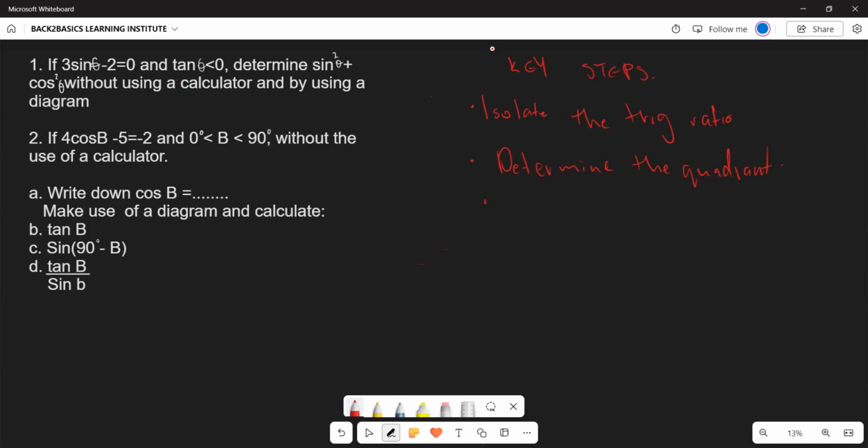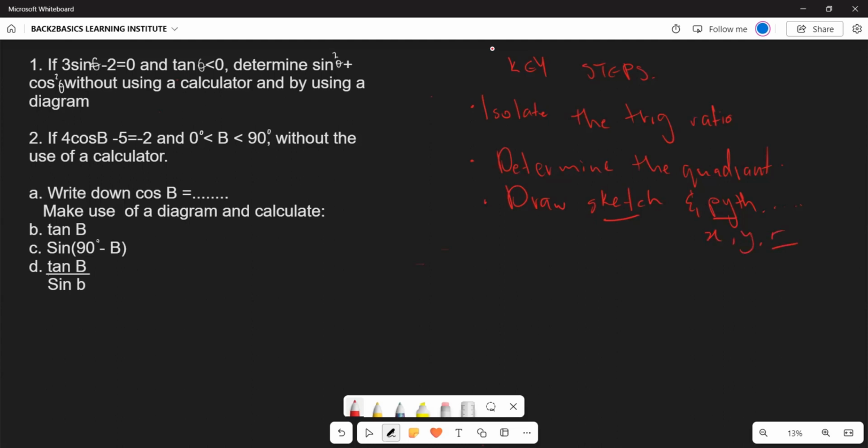Then after you've identified the quadrant, now you need to draw the sketch and use the theorem of Pythagoras. After drawing the sketch, you check whether you have your value of x, your value of y, and your value of r, then you calculate for those.